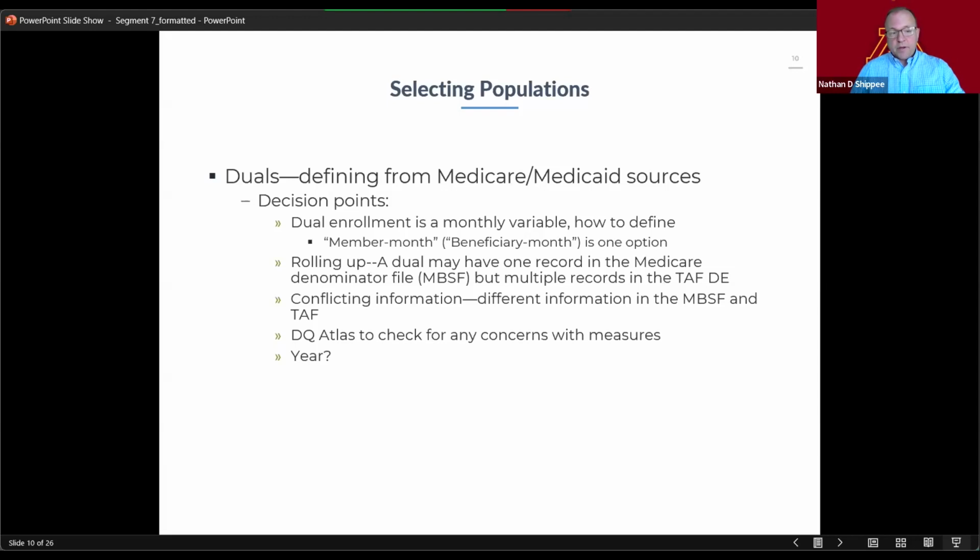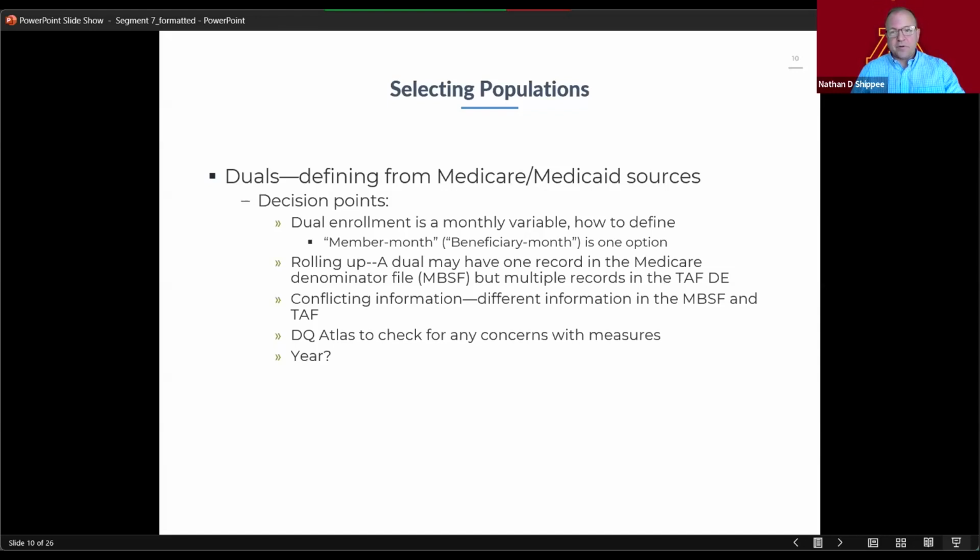So rolling up, they may have one record in the Medicare denominator file. People had asked some questions in the last segment about the MBSF, which is the denominator file for Medicare, versus TAF. Well, one issue there is that in the Medicare beneficiary summary file, you're going to see one record per person per year, but you can have multiple records in the TAF-DE, as we've talked about.